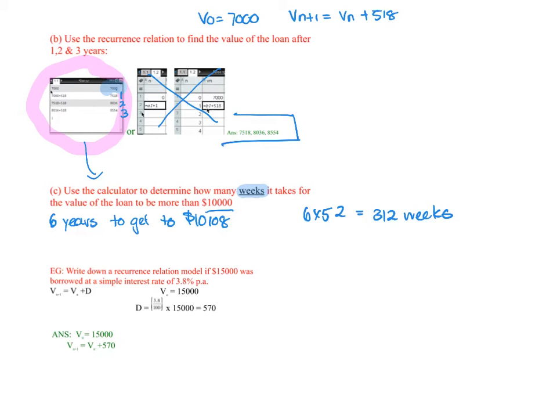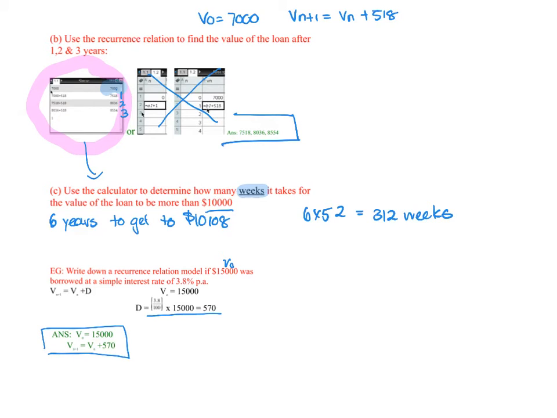All right, so then here's another example. It says write down the recurrence relation model if 15,000 was borrowed at a simple interest rate of 3.8% per annum. So you can see I've worked out the D here. I found out it's 570, and so therefore I've written out my recurrence relation.